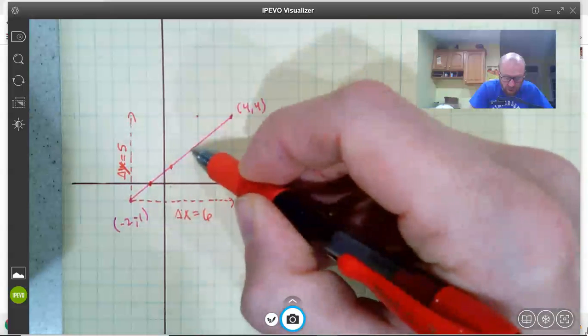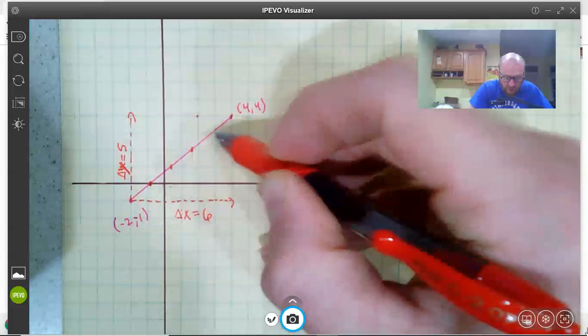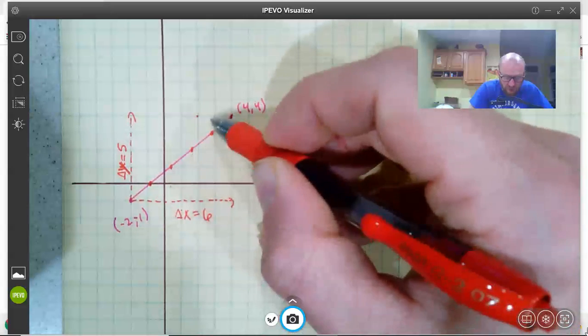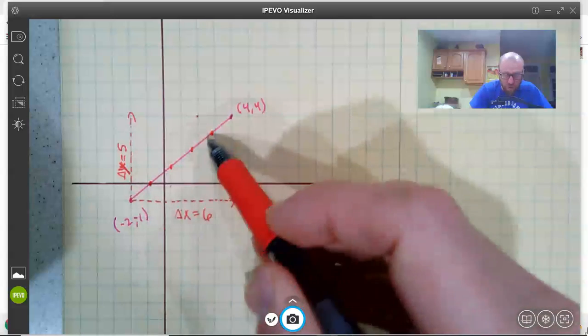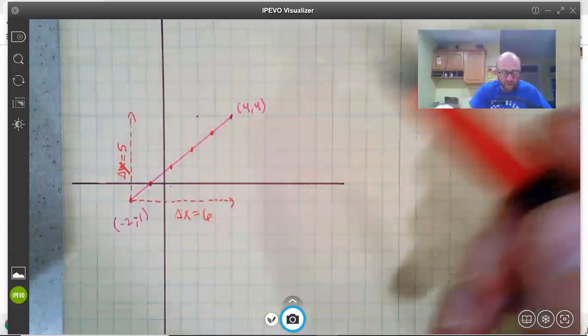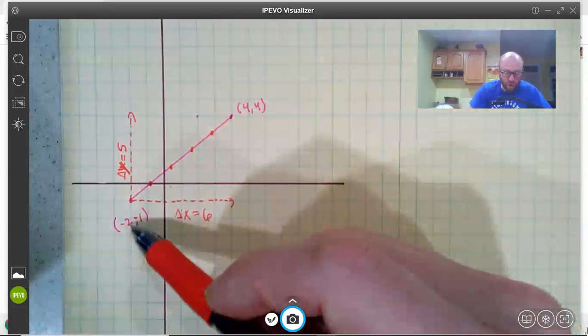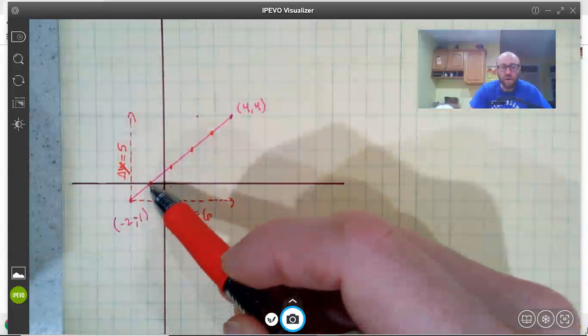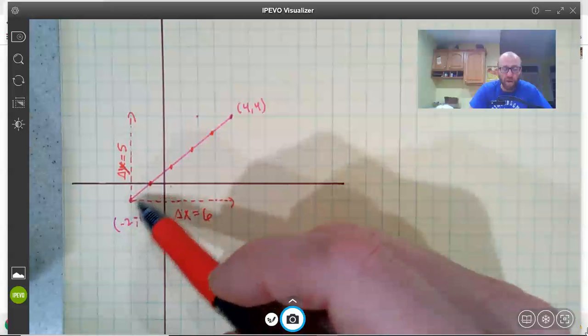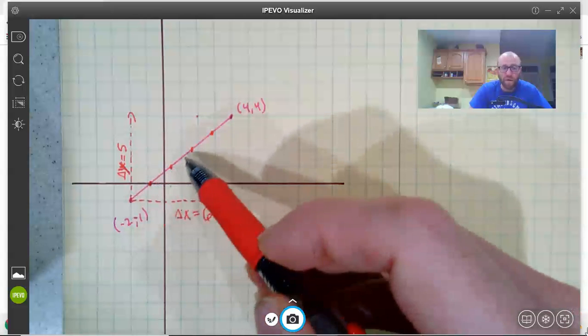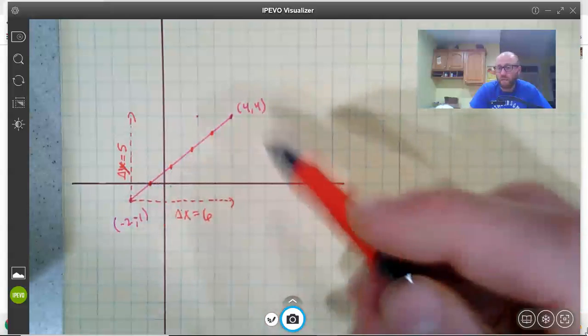Up another unit, right here. Up another unit, right here. Up another unit, right there. So now we've divided it up 1, 2, 3, 4, 5. And we can easily find the y coordinates for these points: -1, 0, 1, 2, 3, and 4.